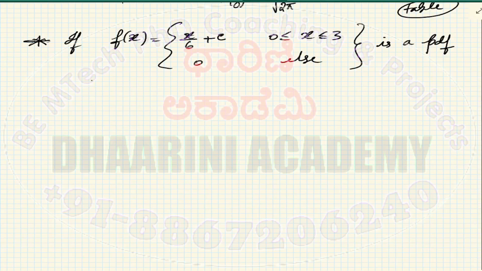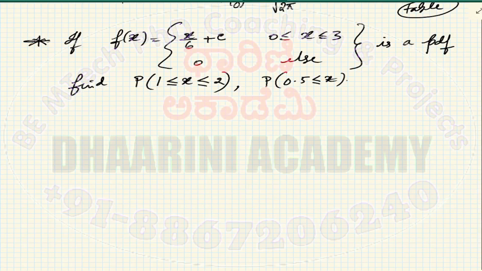Find p of 1 less than or equal to x less than or equal to 2, comma, p of 0.5 less than or equal to x, and the probability that x is less than or equal to 2.5.